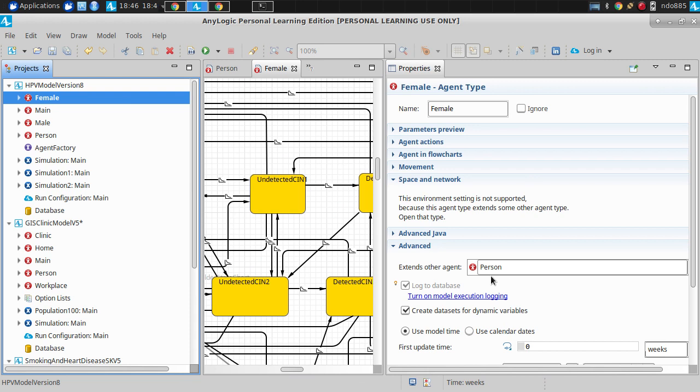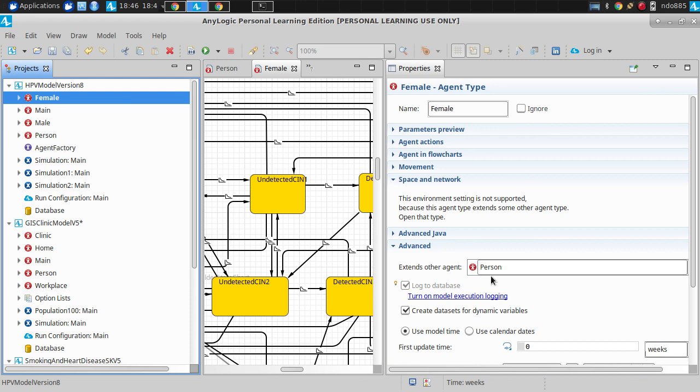It extends person, meaning it's a subtype of person. All the characteristics that are true of persons are also true of women, but they have extra characteristics. Same thing with men. All the characteristics they share in common as humans, as persons, are there, but they have these extra characteristics that they carry around that are distinctive.